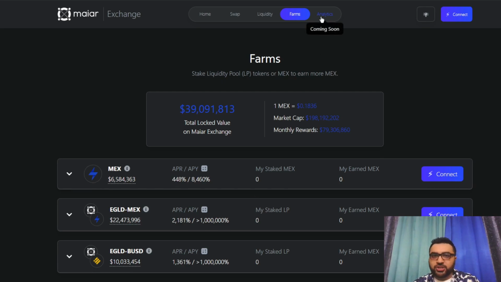So that's pretty much what's available on Maiar Exchange, because analytics is said to be coming soon. But I think it's a good start. You can also contribute by coming to this URL and testing this entire setup, like connecting your wallet. You're going to get some demo EGLD and other tokens, and you can test certain functionalities like swap and liquidity, and then report any bugs you find to the team of Elrond.